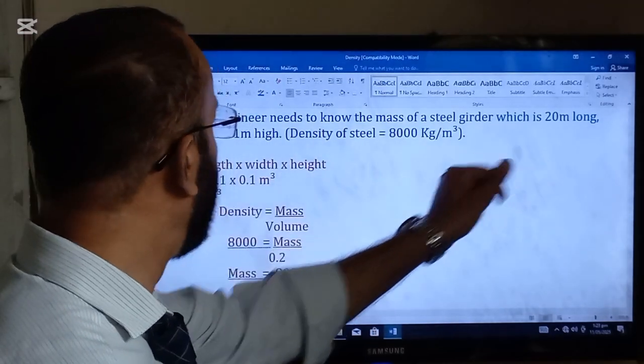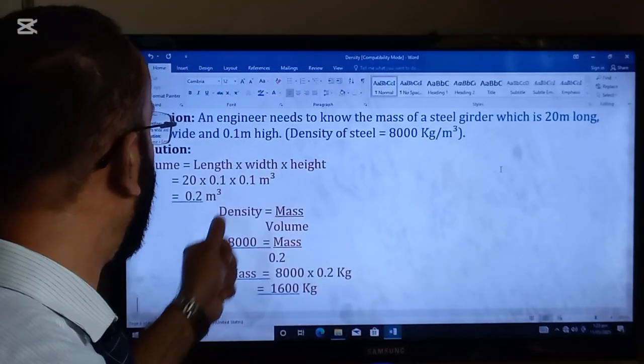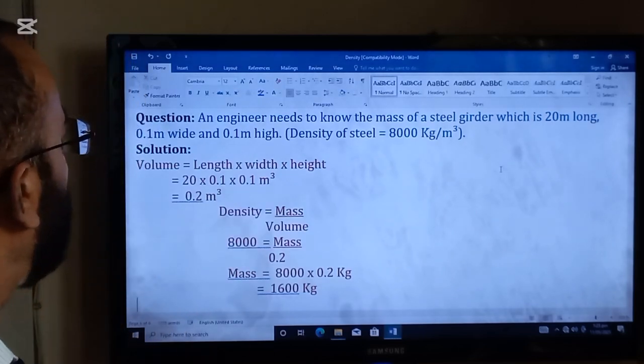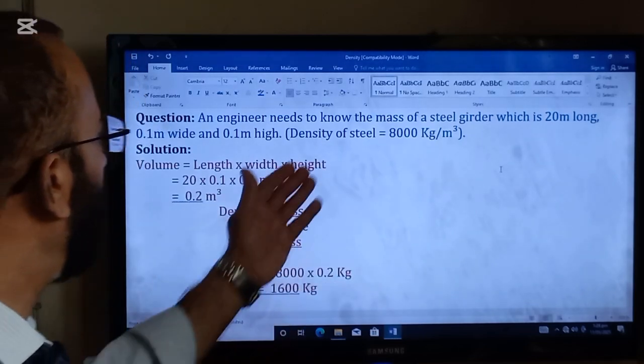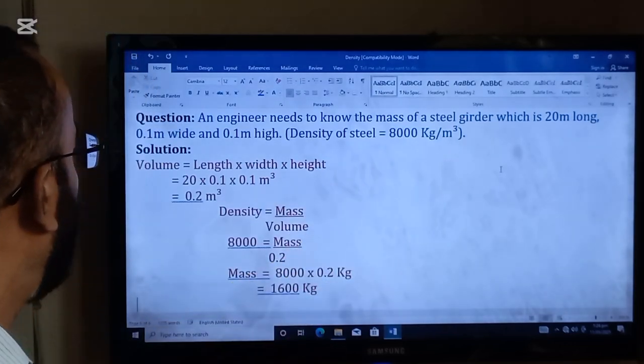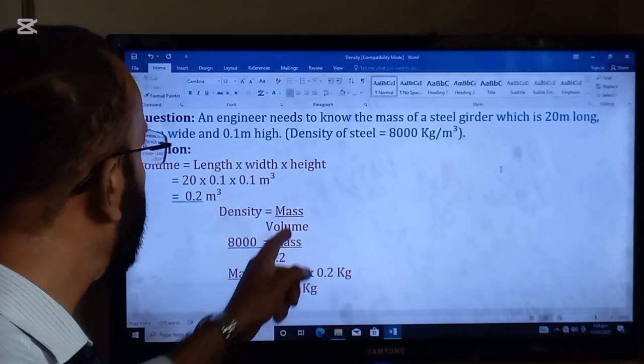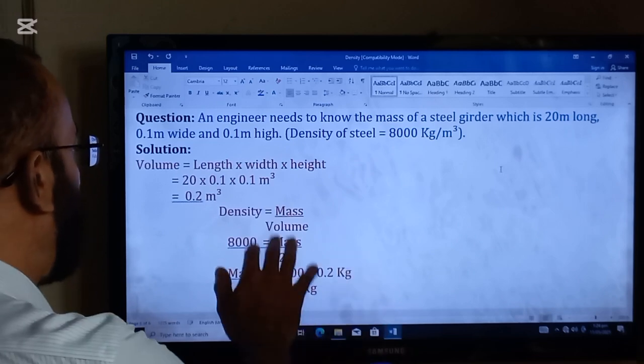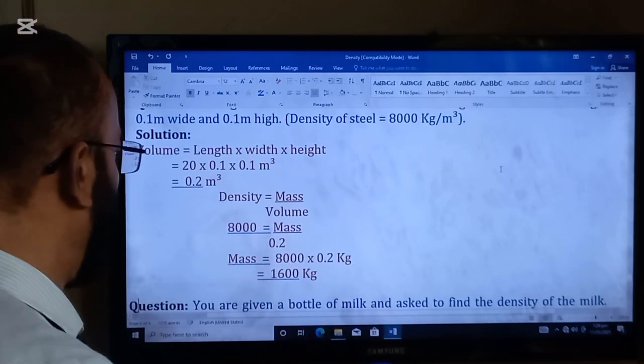All measurements are given, so put them in the formula and use the calculator. This will be the volume of the girder. Density is given, so this is the formula: density is equal to mass over volume. Putting values in the formula will give you the mass of the girder.